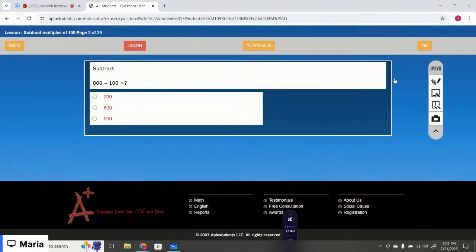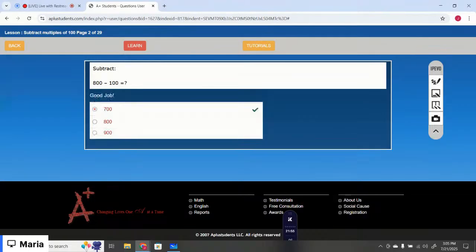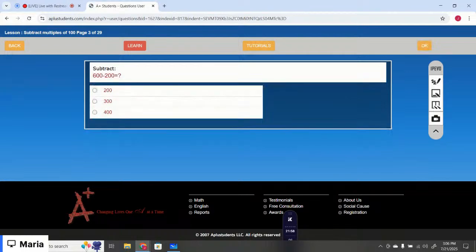Option number 1 is the correct option, that is 700. 600 minus 200, which is the correct option? That would be 400. Option number 3 is the correct option.